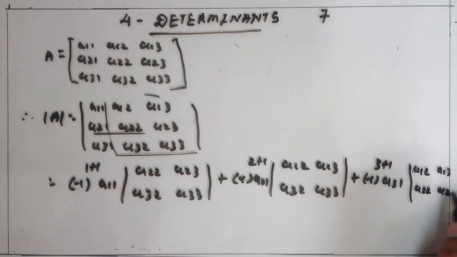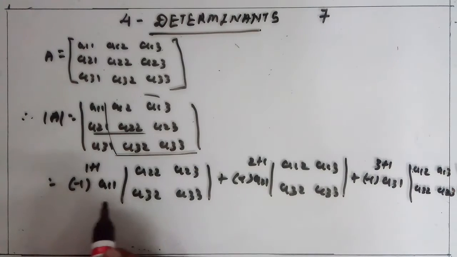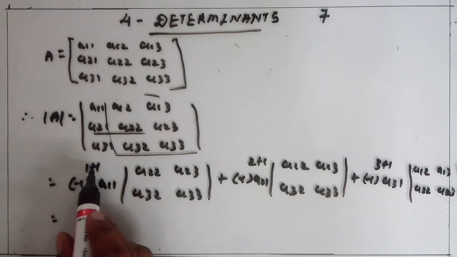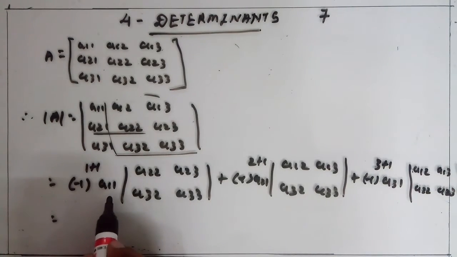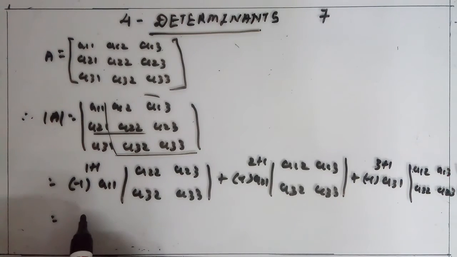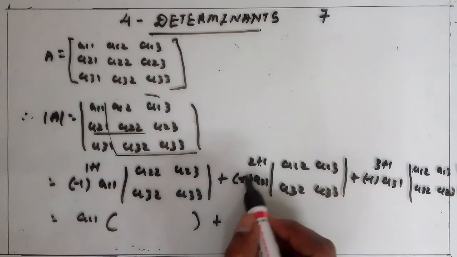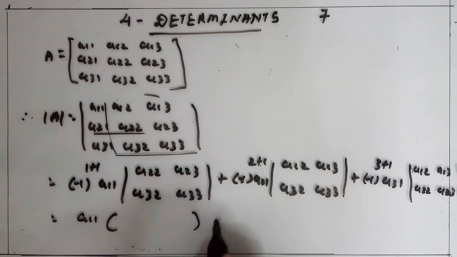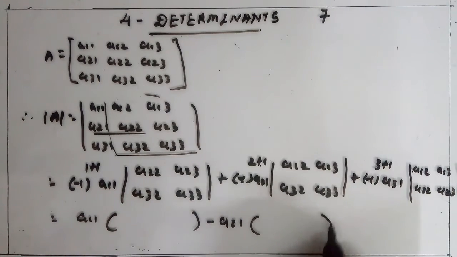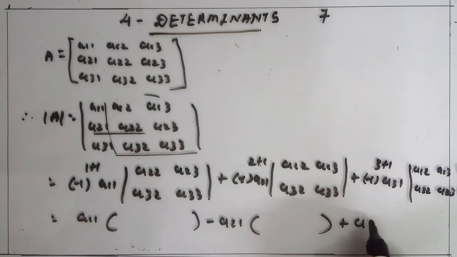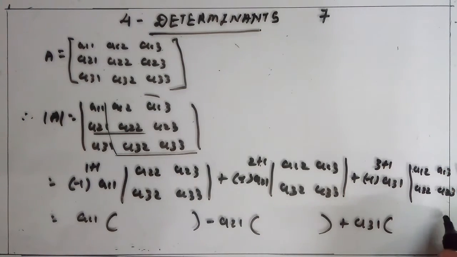And -1 raised to 2 becomes plus into A11. So A11 into the value of this, plus, -1 raised to 3 becomes minus into A21 into the value of this, -1 raised to 4 becomes plus into A31 into the value of this determinant.